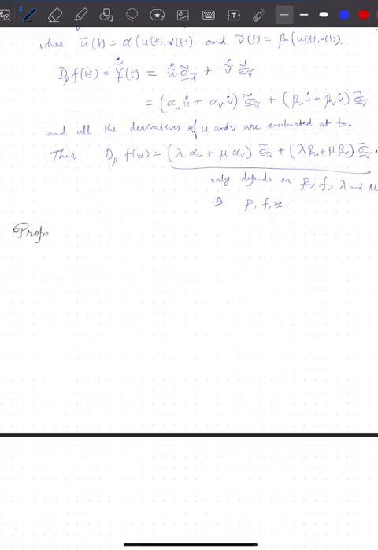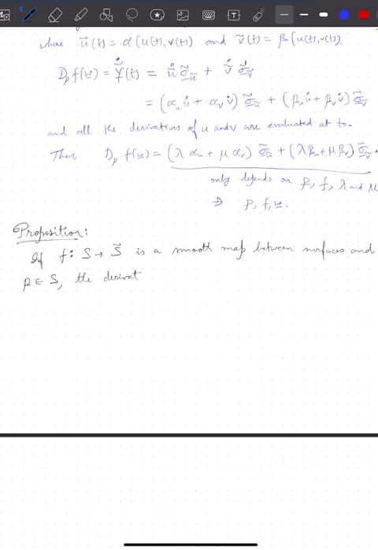So this proposition says that if f from S to S tilde is a smooth map between surfaces, and p vector is an element of S, the derivative dp f from TpS to T_f(p) S tilde is a linear map.